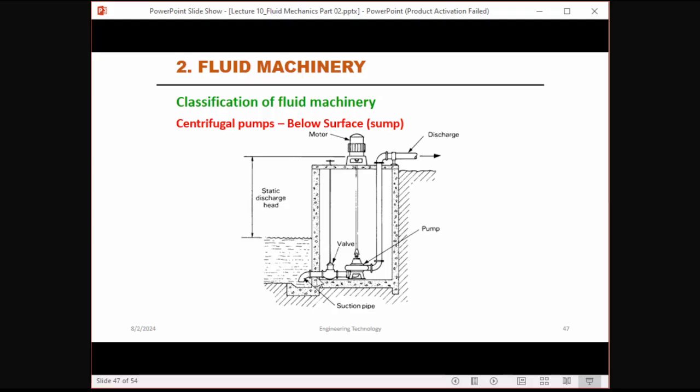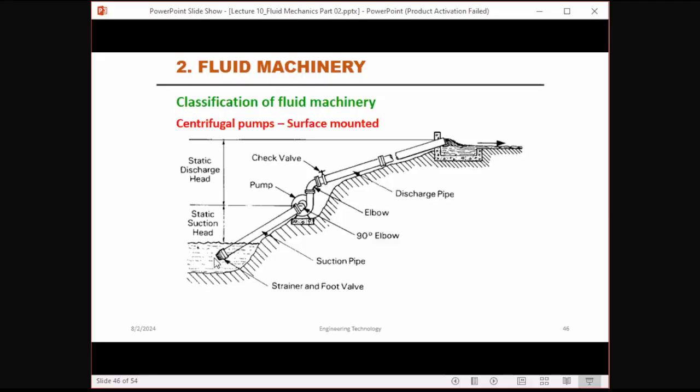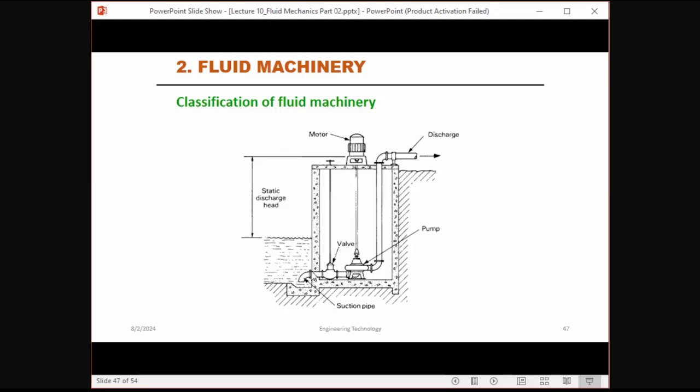Here in this case the suction inlet point is below the pump level. In this case the suction level is the same. Then in this case the discharge head you can calculate according to the reservoir level and this outlet height.